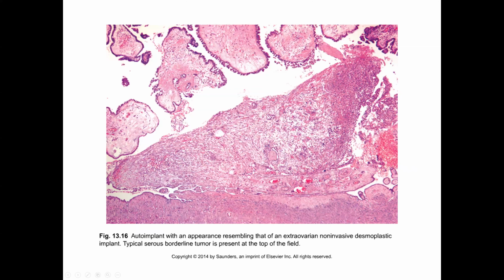Here's what's termed an autoimplant, where a serous borderline tumor, as seen up above, has evoked a somewhat desmoplastic response within the wall of the cyst. And you see this sort of desmoplasia with scattered cells in it, areas of hemorrhage, but a fairly sharp margin with the underlying tissue, as though it could just be stuck on or peeled off.